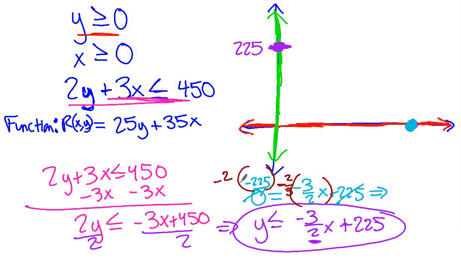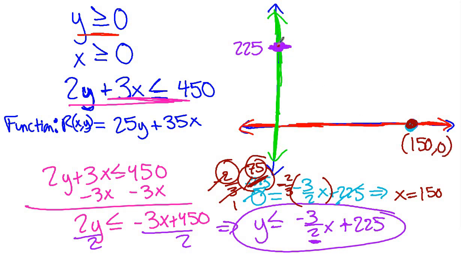So negative 225 times negative 2/3, the negatives will cancel. 3 goes into itself once, it goes into 225 75 times, and then 75 times 2 gives us 150. So this point right here is the point x equals 150, y equals 0. This point up here is the point x equals 0, y equals 225. Okay, so let's draw our line right there.